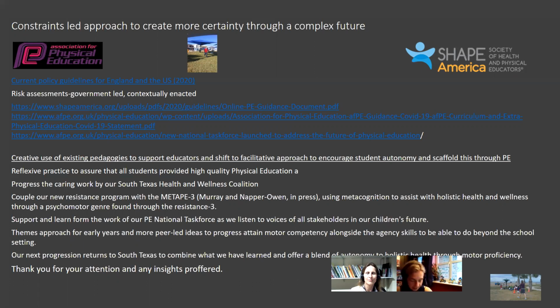This is perfectly timed because of the constraints that we currently have in everyone's environments, and it will help develop agency skills, autonomy skills, and give us much more of a chance for children to engage and have a lifelong and life-wide physical activity. And also, we hope and aim to influence our national task force, which has just been developed in the UK for physical education.